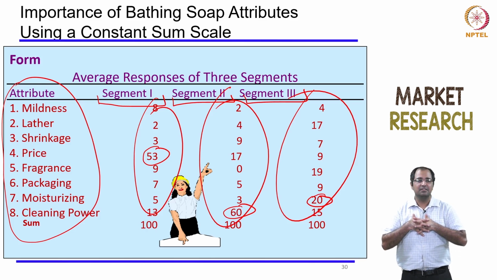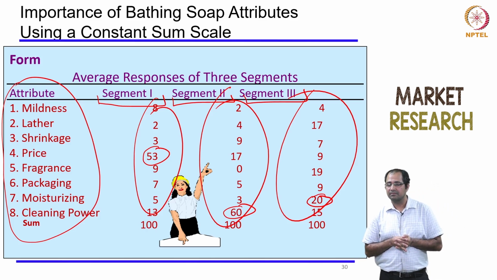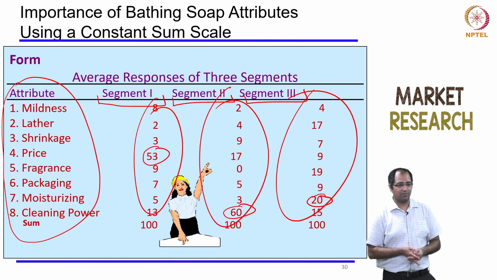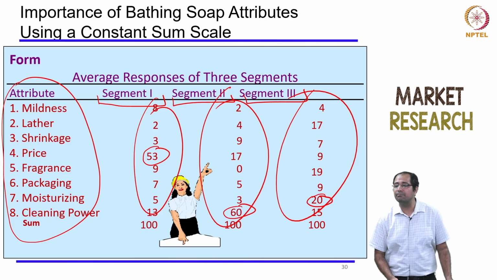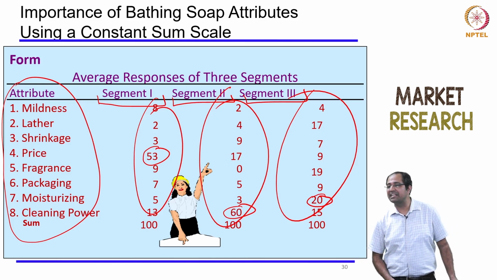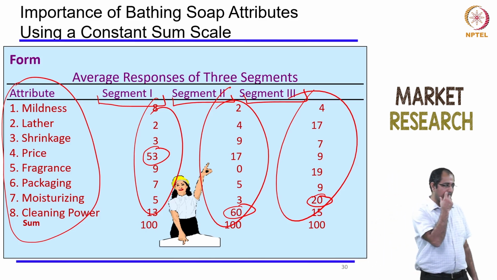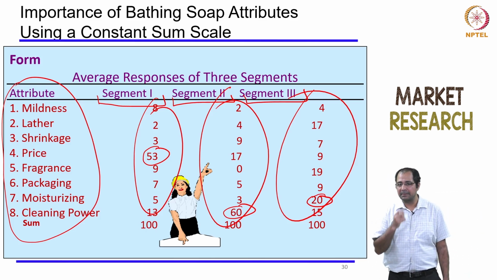I have said 0 to 100 you can allocate points across these attributes. True zero. Then why is it not a ratio? Where I said comparative scaling, you will get a scale which is ordinal in nature. But what you are getting here is similar to ratio.